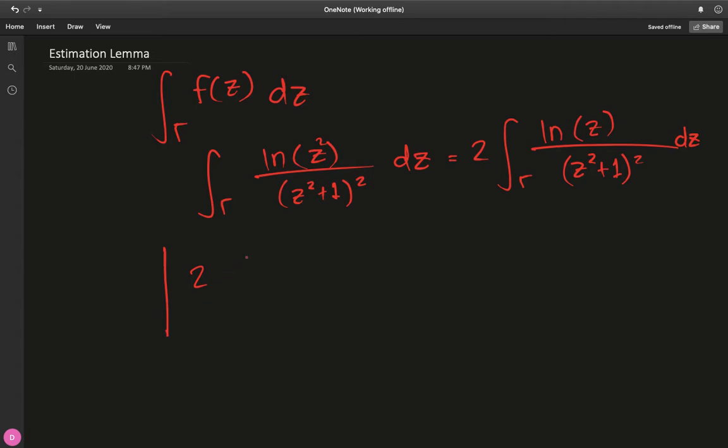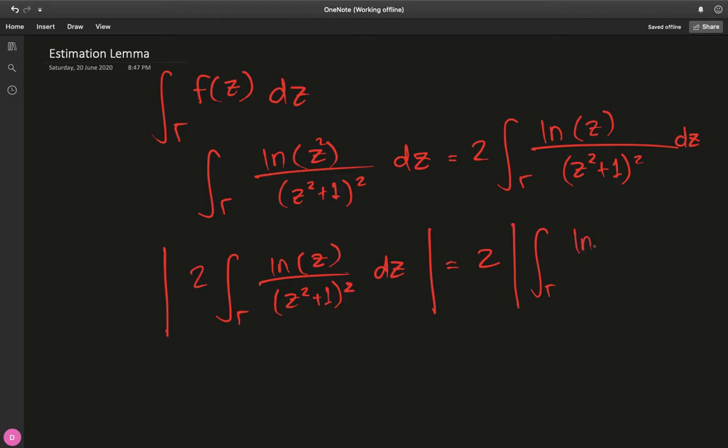So the mod of this expression 2 times integral over gamma of natural log of z over z squared plus 1 the whole thing squared dz. And you can take the 2 out of this mod, because 2 is just a scalar. It doesn't matter if you multiply it inside or outside. This is going to be the mod of integral over gamma of natural log of z divided by z squared plus 1 the whole thing squared dz within mods.